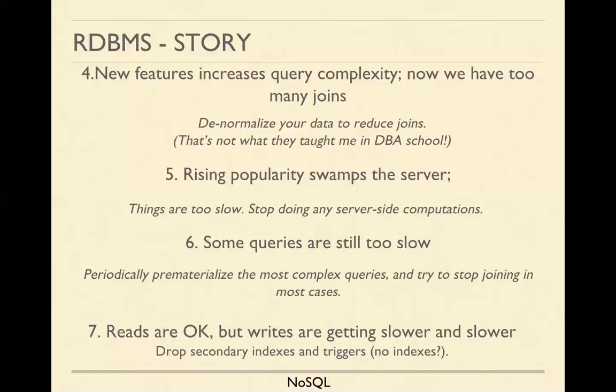So at this point, when you realize that you are not using the basic functionalities provided by a database, the functionalities such as primary key foreign key relationships, joins, secondary indexes, and proper normalized structure. And you are not getting consistency anyway.